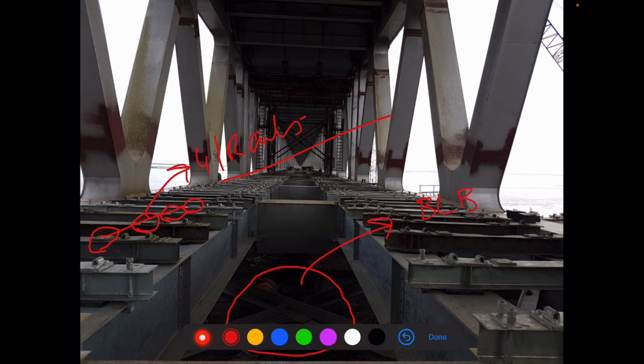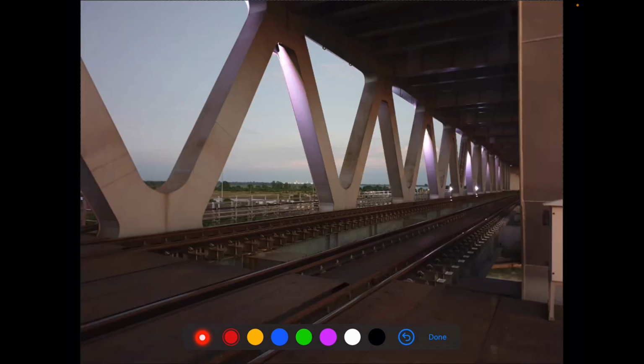Okay. Next. This is another view. Here you can see that this is a cross girder. This is basically a stringer. And these are all steel sleepers.